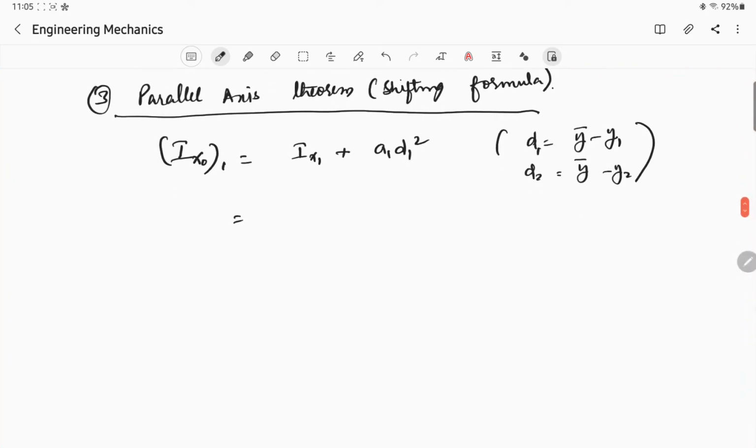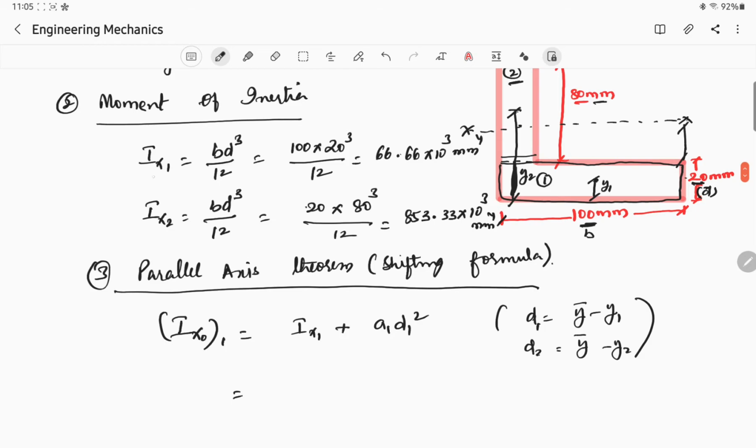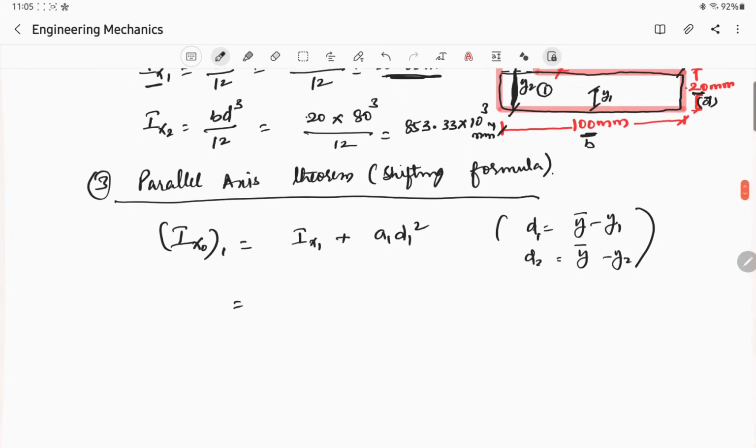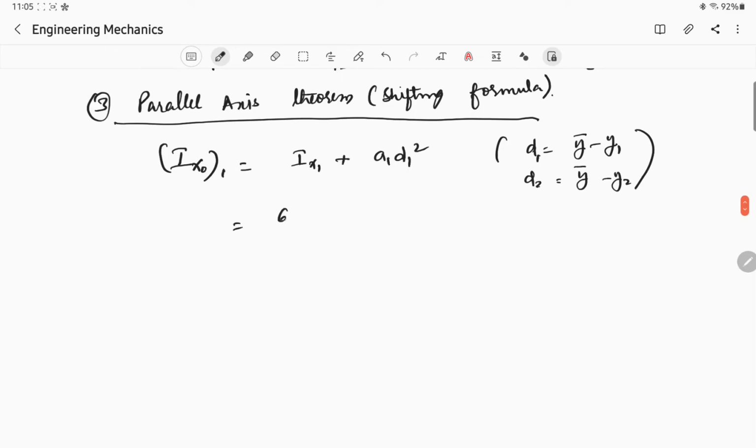What is the value of Ix1 we got? See here, 66.66 into 10 power 3. So I'm writing 66.66 into 10 power 3 plus A1. A1 is 2000.